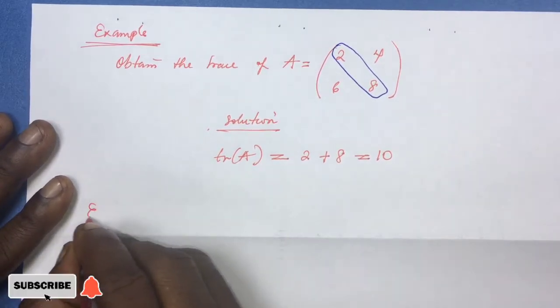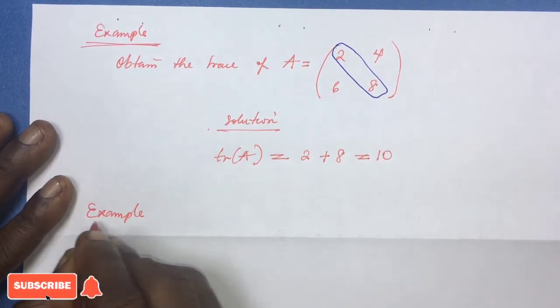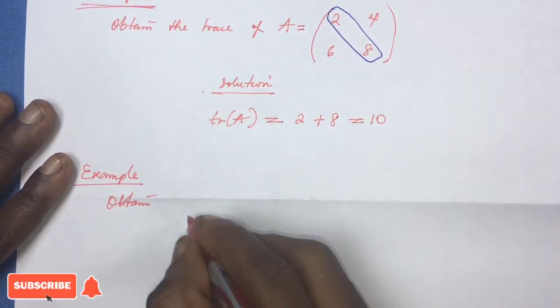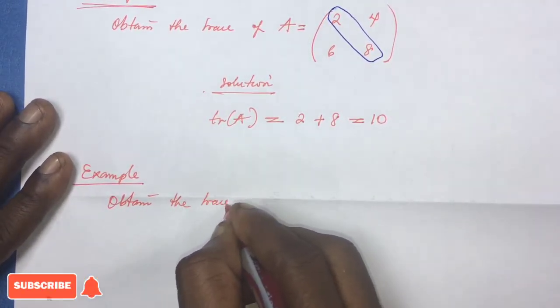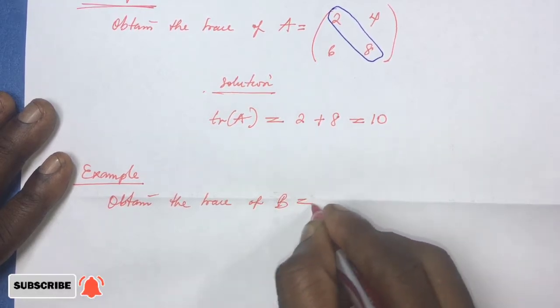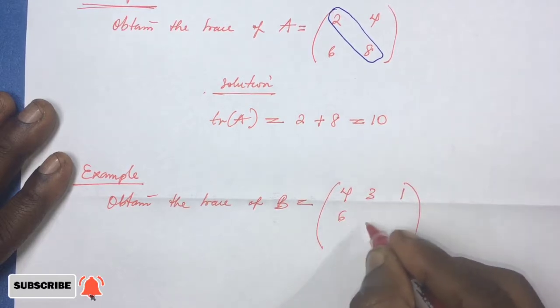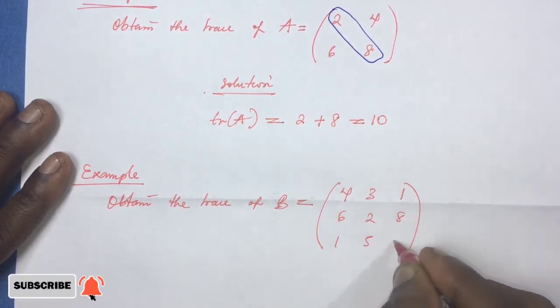Now if we go to another example, if we were given a matrix B to obtain its trace, and this B is written as 4, 3, 1, 6, 2, 8, 1, 5, 0.